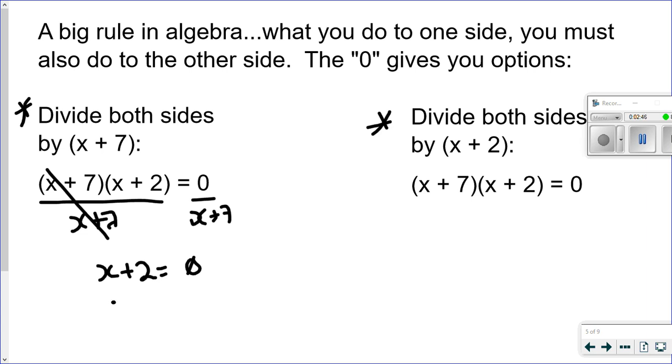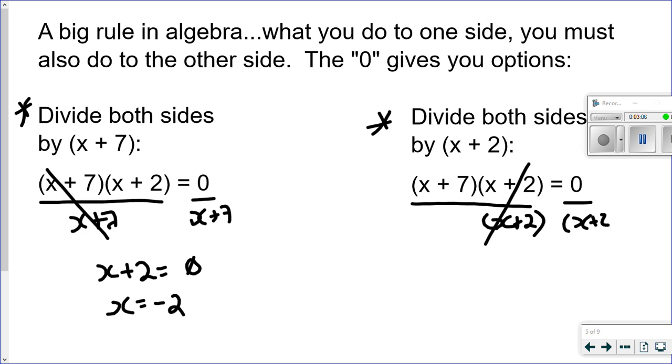Your algebra skills are already in place, which means x equals -2. Hey, we could have figured that out using our trick, but there is a reason I'm showing it to you, and we will get into it tomorrow. These cancel out. Okay, so now we're on board. Hopefully, that's why the trick works. More on it tomorrow.